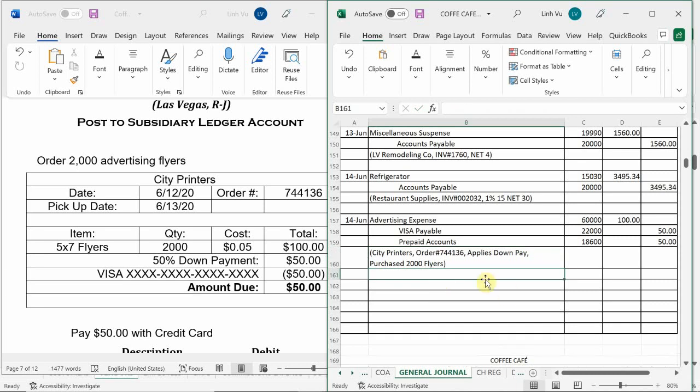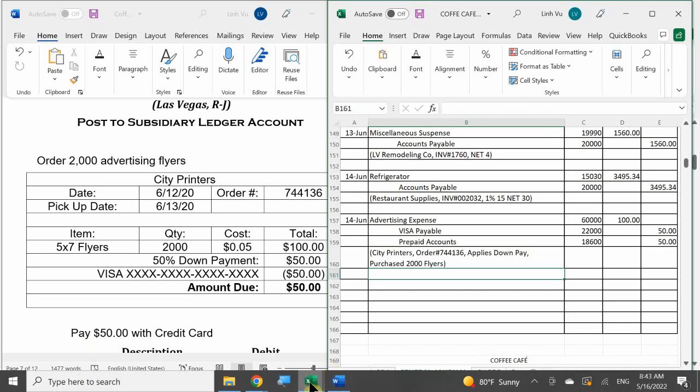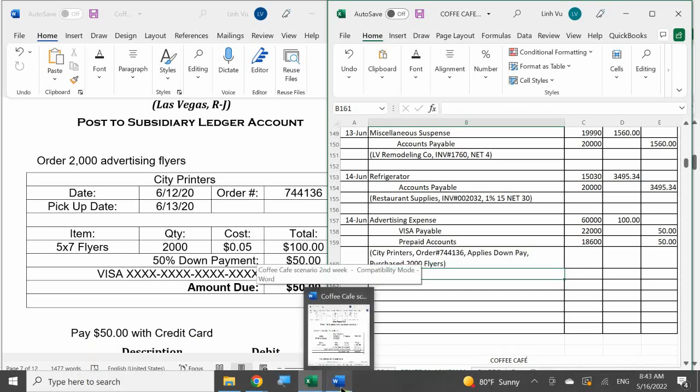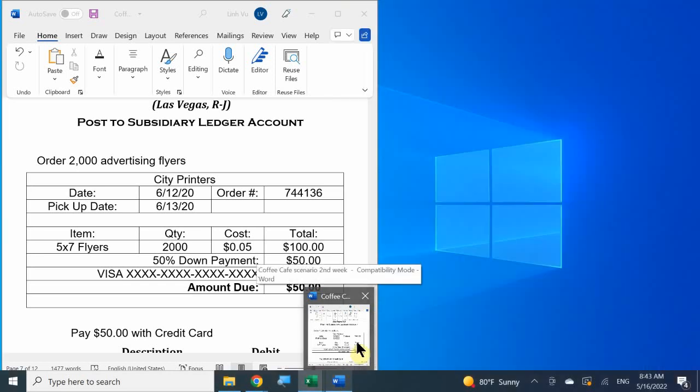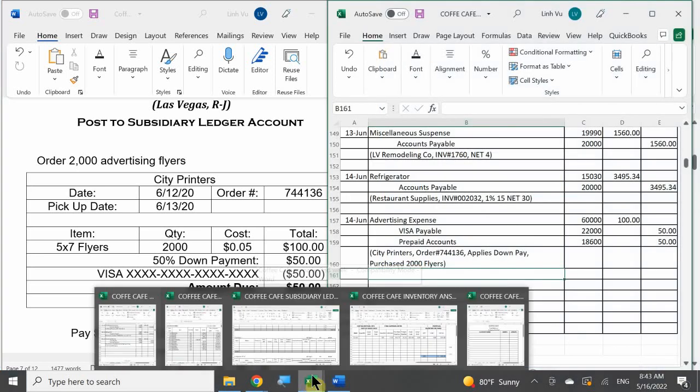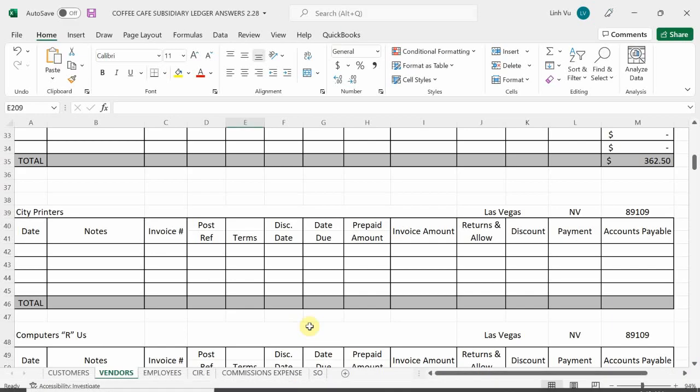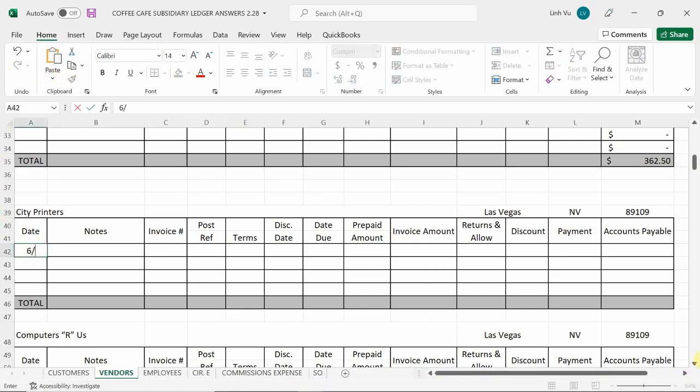So we need to go ahead and fill all this information in. When did we put this? On the 13th. Your subsidiary ledger for City Printers was supposed to have the 13th on there for the down payment.